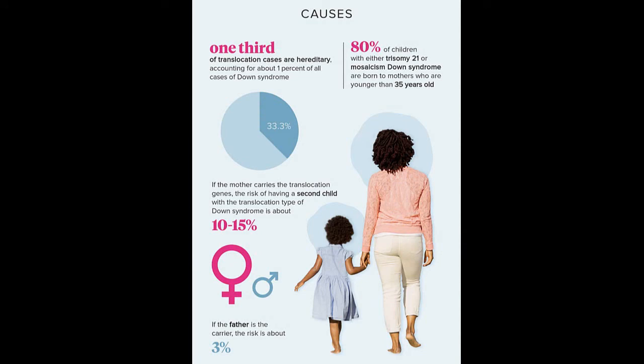Risks could be there, but it's not a definite fact that if you're above 35, you're going to have a Down syndrome child. If you're below the age of 35, you won't have a Down syndrome child. Like I said earlier, this is just genetics. It could happen, it could not. But if at all it does happen, it's important that we should know at least what to do, what to expect, and where to take our children for help.